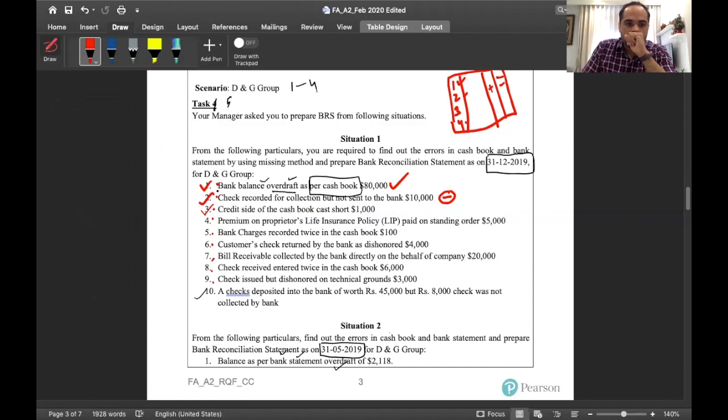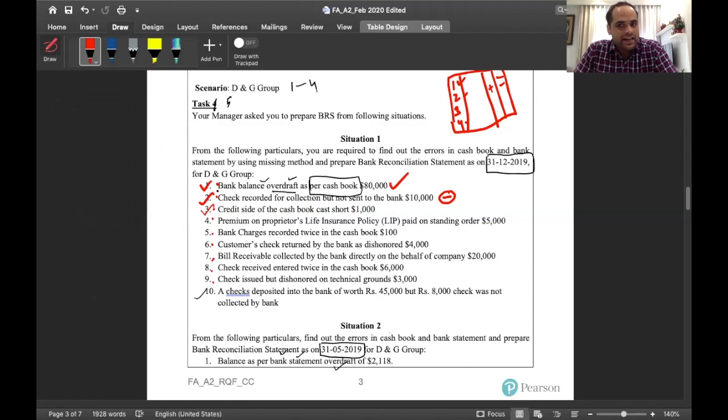Number 3: credit side of cash book cast short by $1,000. What do you think?